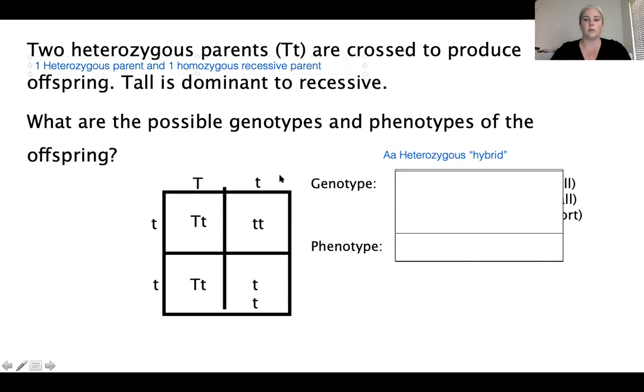You have a heterozygous parent right here, you have a homozygous recessive parent right here. The only allele that a homozygous recessive parent can pass on is the little t. That's the only one they've got. And then a heterozygous parent can pass on either the big T or the little t. They're going to assort independently from each other. And so what you're going to end up with is this combination of all the possible offspring.